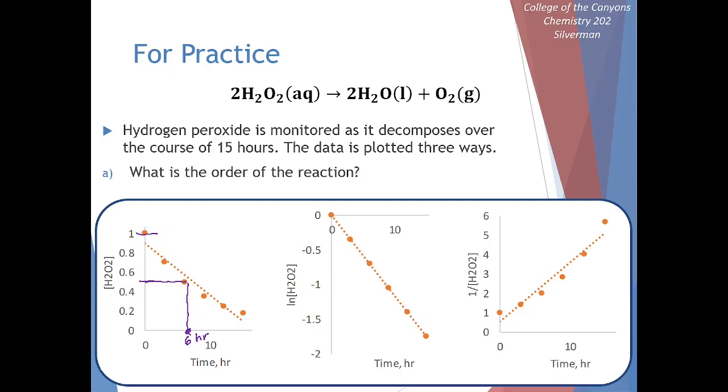In order to get down to half of that, this is going to take another 6 hours. If you were trying to get down to half of that, it will take the same interval of time. This will happen around 18 hours, and so on and so forth. For first order reactions, we have a constant half-life. Your concentration will be cut in half at a steady rate.